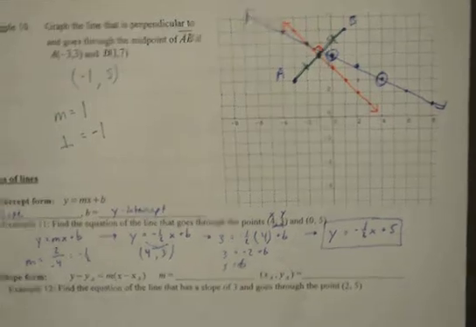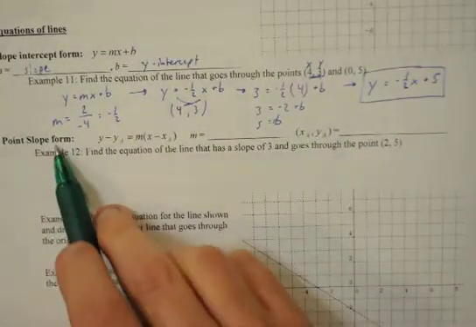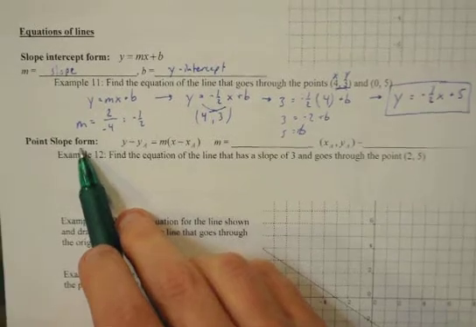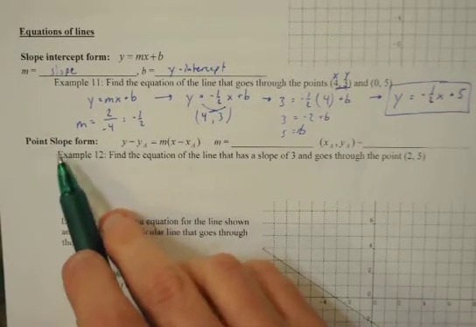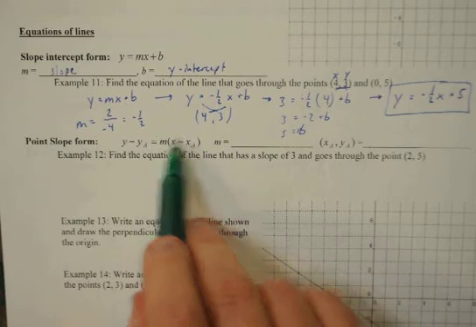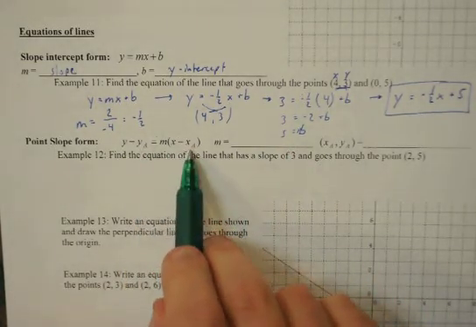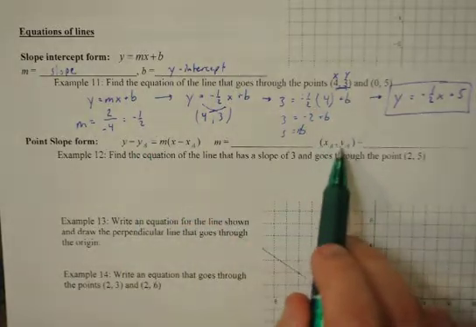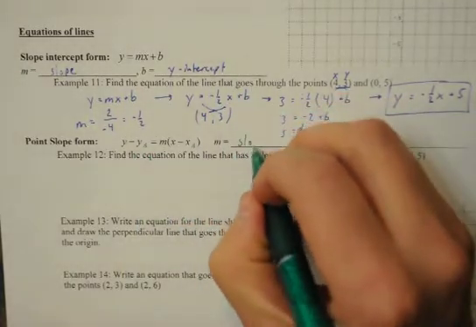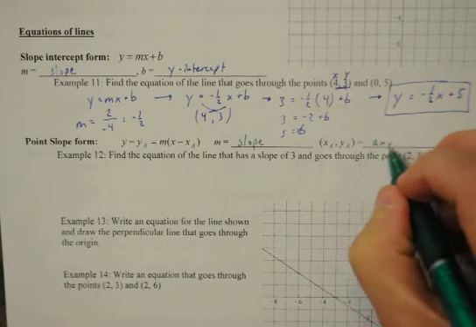The next form of a line is called point-slope form. This is my favorite because as long as you have a point and a slope, you're good to go, just plug it in. The point x_a, y_a is just any point. So you still have your slope, and this is any point.